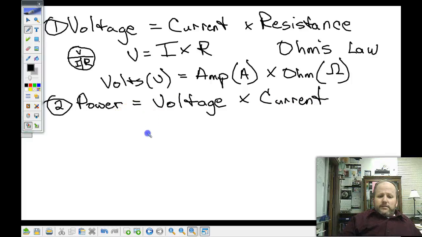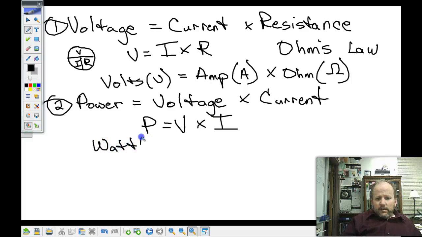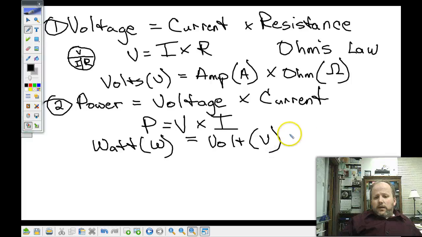This can be abbreviated P equals V times I. The units here: power is a watt, abbreviated W. Voltage is a volt, abbreviated V. And current is an amp, abbreviated A. So just like I said before about work, now know that a watt is simply a volt amp. A volt amp is a watt.